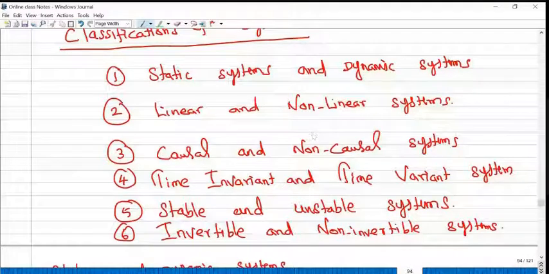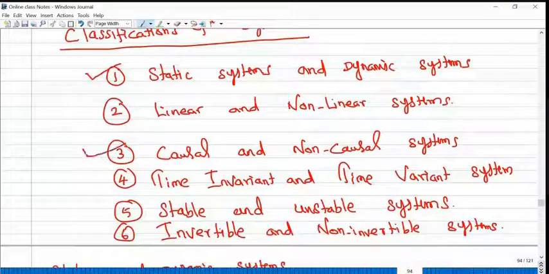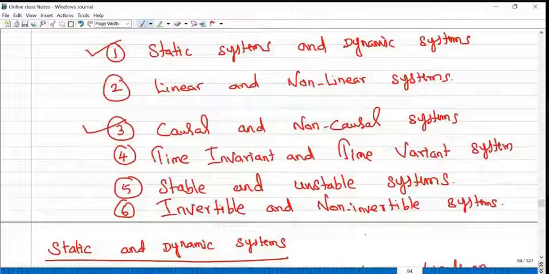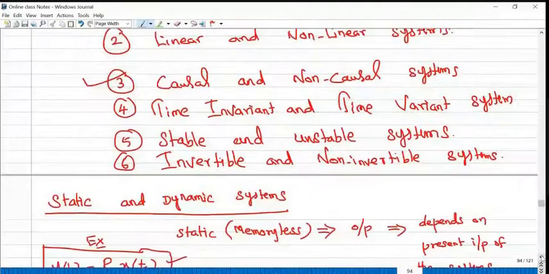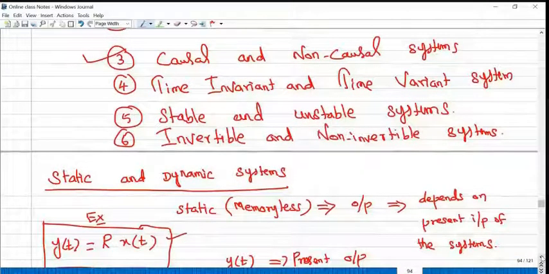Okay, this is simple. Linear, non-linear, a little bit difficult. Time invariant, time variant also you have to do carefully. Please let me know any doubt up to this particular stage.